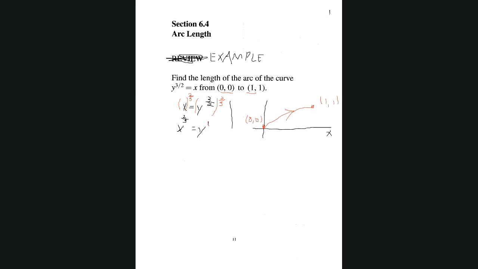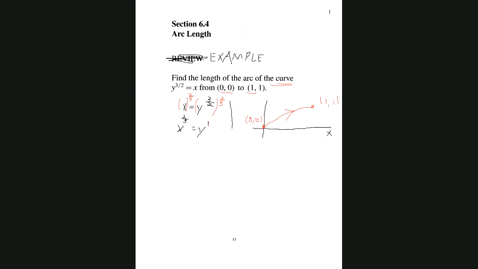The t. That's right. The t is missing. But here's the thing. You can let any variable be your parameter. You don't have to let t be the parameter. I graphed this curve, and we're looking at the curve, and it has a length.